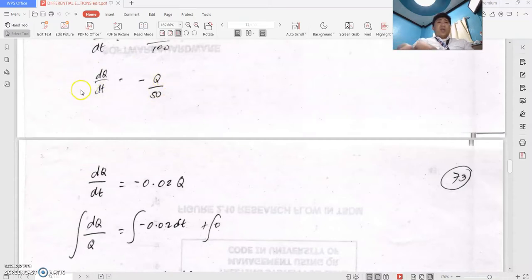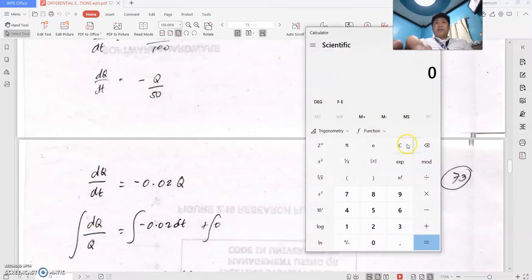I'll be using variable separable, so cross multiply it, so you have dQ over Q, tapos 1 over 50, that is negative 1 divided by 50, that is 0.02, so 0.02Q.